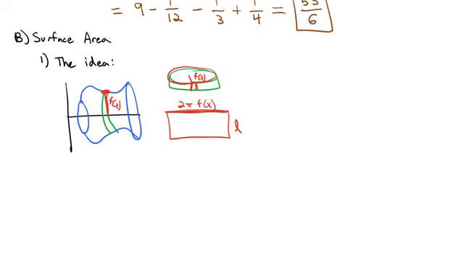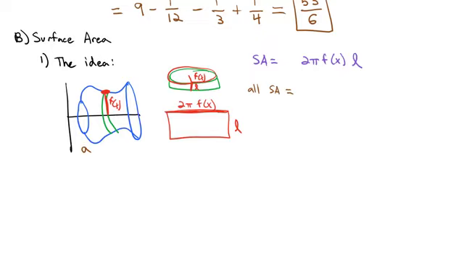So if we put it all together, the surface area of just this piece is going to be 2 pi times f of x, the length, times the height, which is the piece of the arc length. Now, we want all of the surface area pieces, the entire surface area.